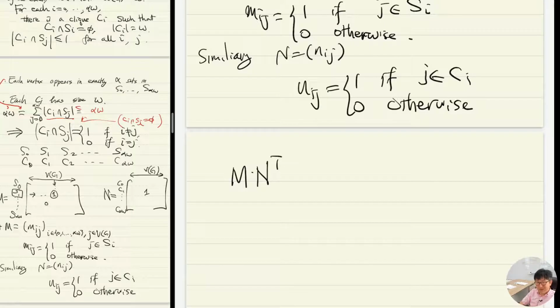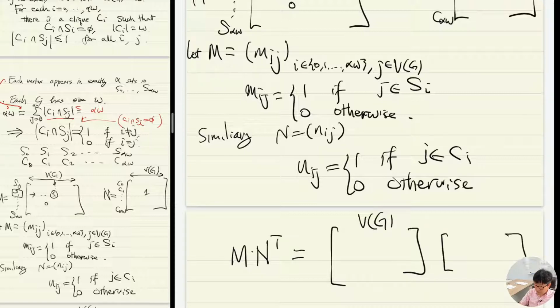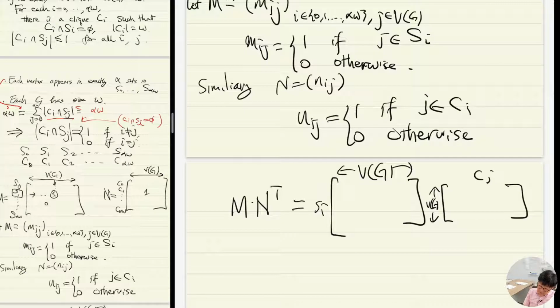So what is the consequence of M times N transpose? You multiply these two matrices. Now let's look at the ith row, jth column of the product. We take this column vector, transpose it, and multiply it with that.